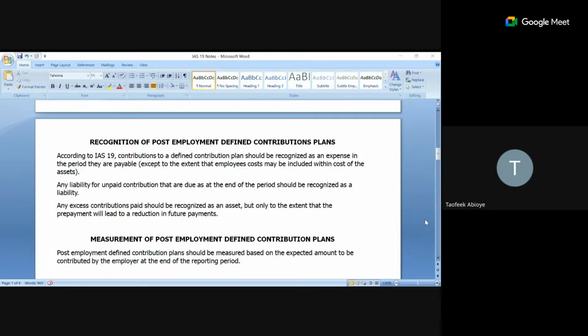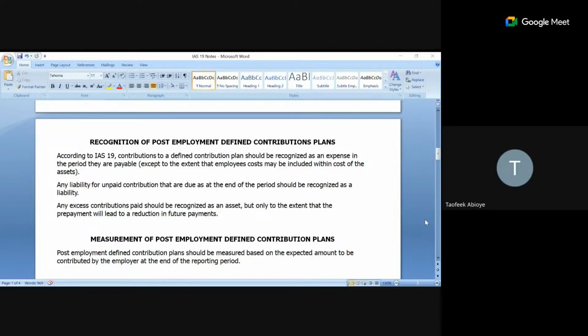It is only that 10% they will contribute for your 30 years. Do you agree with me? Are they going to contribute extra money? No. So that is why that fits in a defined contribution plan. They do not have any legal or constructive obligation to contribute extra money if the fund does not meet up with that benefit. They only have that 10%, which is that fixed amount.